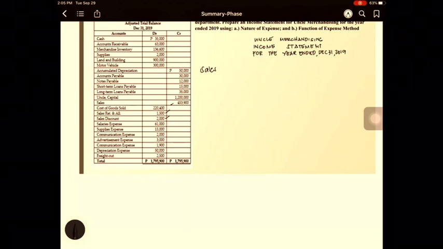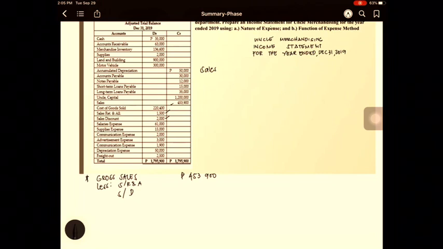So we have to first compute for the net sales. So how do we compute for your net sales? Again, we have gross sales less sales returns and allowances and your sales discounts. So how much is our gross sales in this case? We have 453,900 minus the returns and allowances of 1,500 minus the discount of 2,000 pesos.